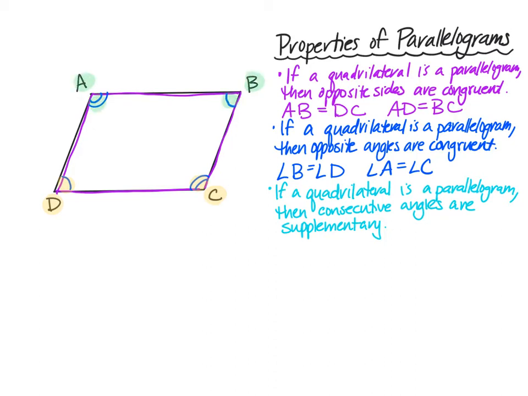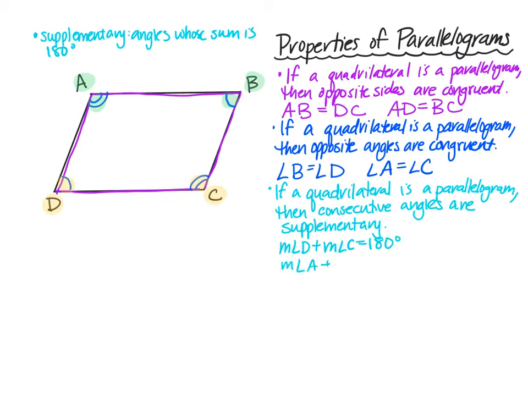What we mean by the word supplementary is that they add up to 180 degrees. So the measure of angle D plus the measure of angle C equals 180 degrees, and the measure of angle A plus the measure of angle B also equals 180 degrees.